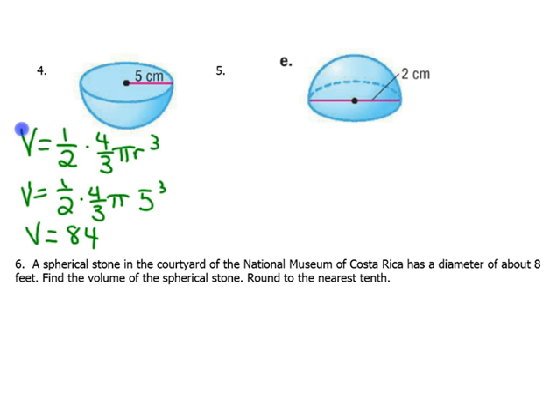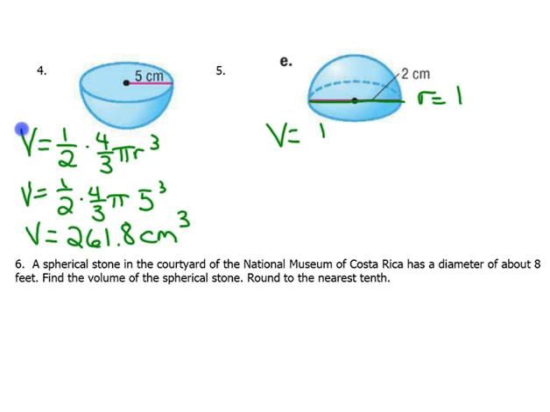Oops, hold on, sorry. I missed a button. Times 4/3 pi. Okay, that makes more sense. 261.8 centimeters cubed. All right, and number 5, this time I have a diameter, so I need my radius, which is 1.